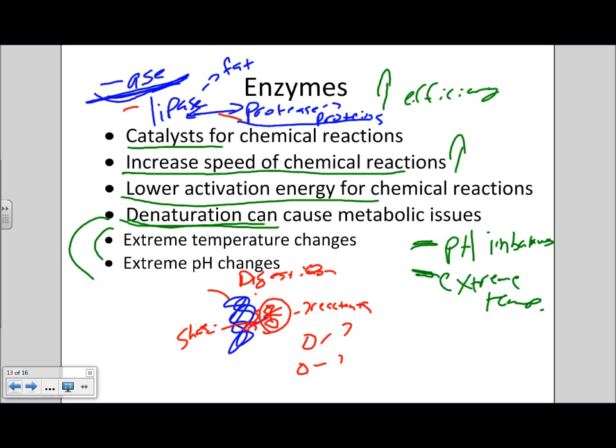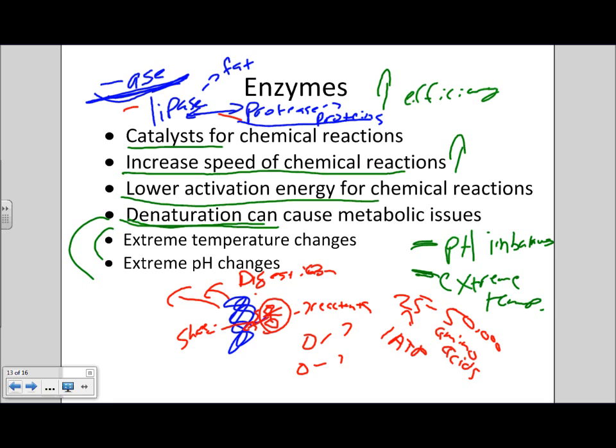this is really efficient as well, because we can reuse enzymes over and over again. Enzymes can work very quickly, which is good because it takes a lot of energy to make a protein. The average protein is about 25 to 50,000 amino acids, and you have to expend one ATP molecule for every amino acid you make.